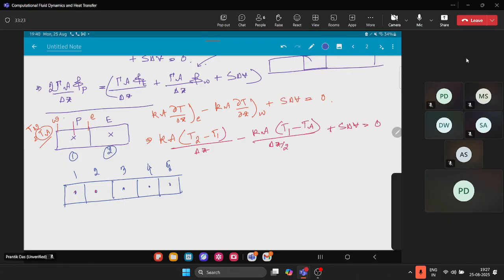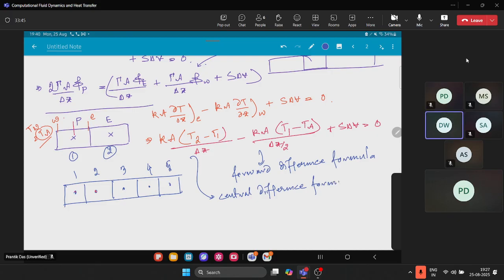So this is called the forward difference formula, and the first one is called the central difference. So this one is of the order of delta X, and this one is of the order of delta X square.